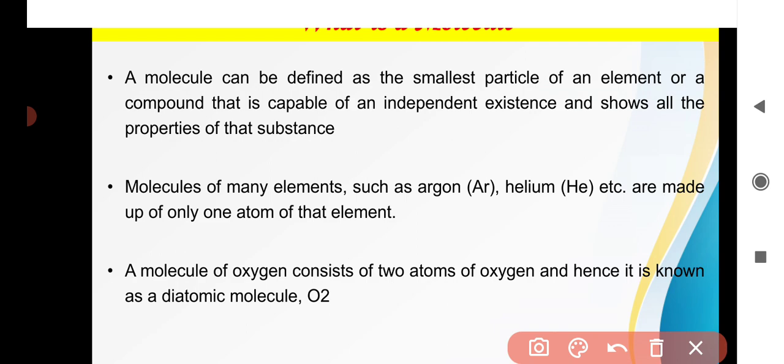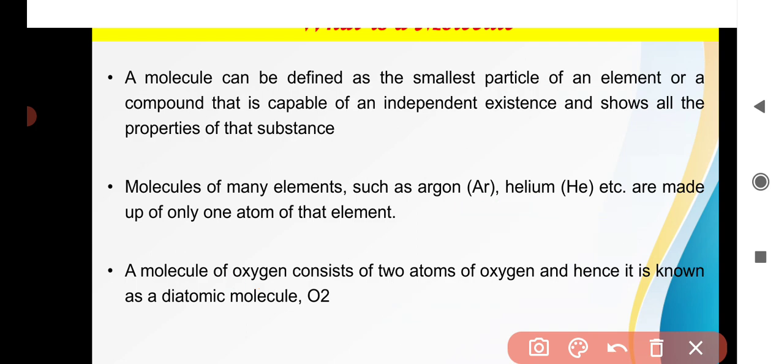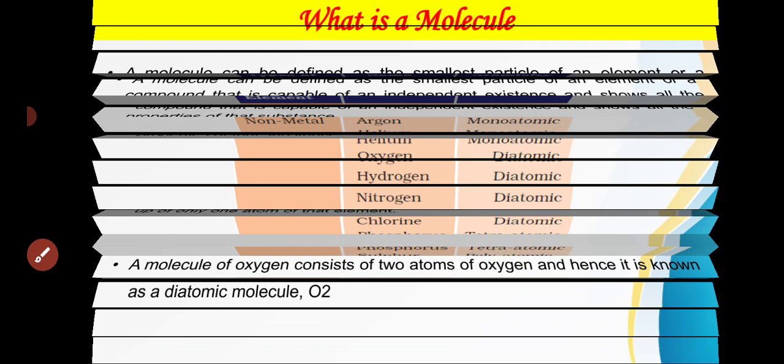Molecules of many elements like argon and helium are present in the form of a single atom, whereas a molecule of oxygen is present in the form of two atoms combined together. So the oxygen molecule is O2, meaning two oxygen atoms combined with each other, while argon or helium are elements where the molecule is a single atom.